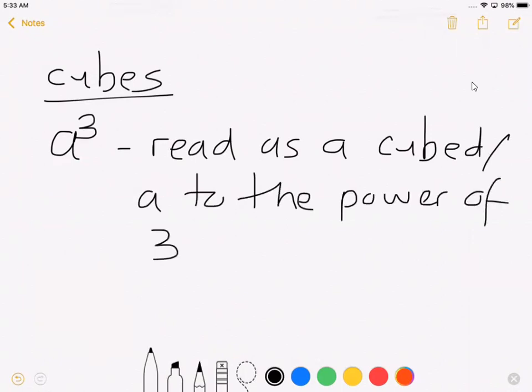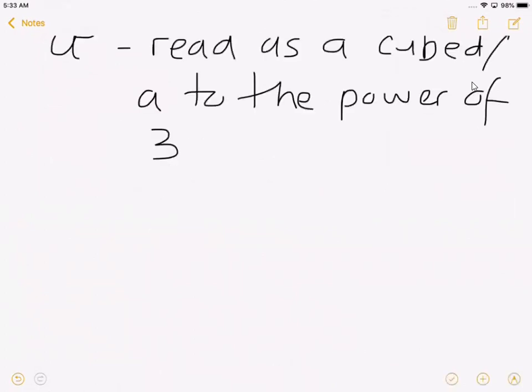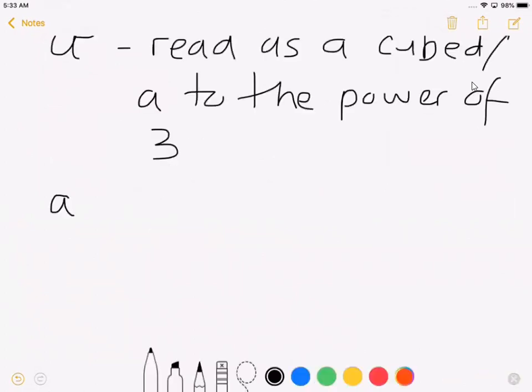And what does that mean? Similarly to the first one, a to the power of 3 means multiply a by itself how many times? 3 times. So it's equal to a times a times a.